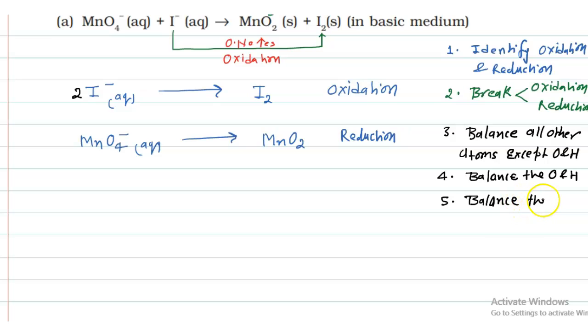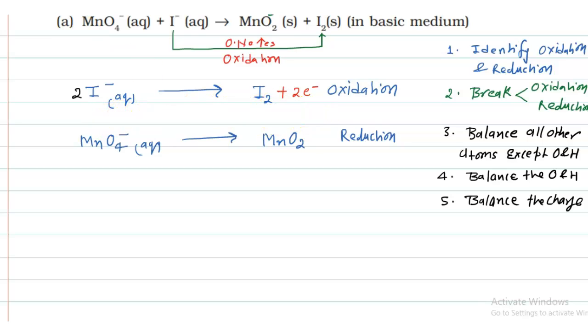For balancing the charge we add electrons. Here 2 minus means 2 negative charges on the product side, so towards the product side we add 2 electrons. Now the negative charge is balanced on both sides, right?